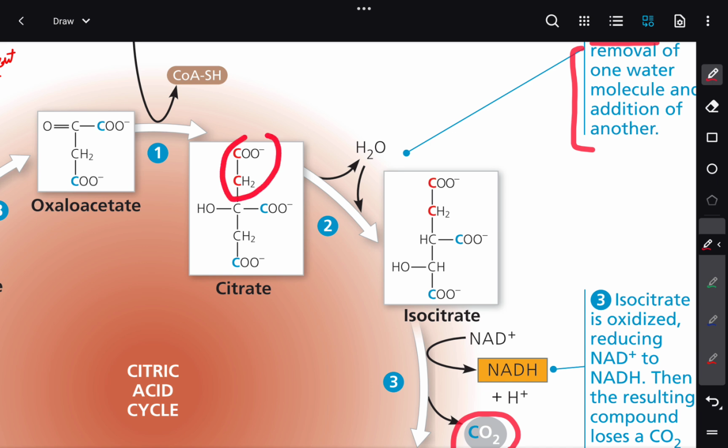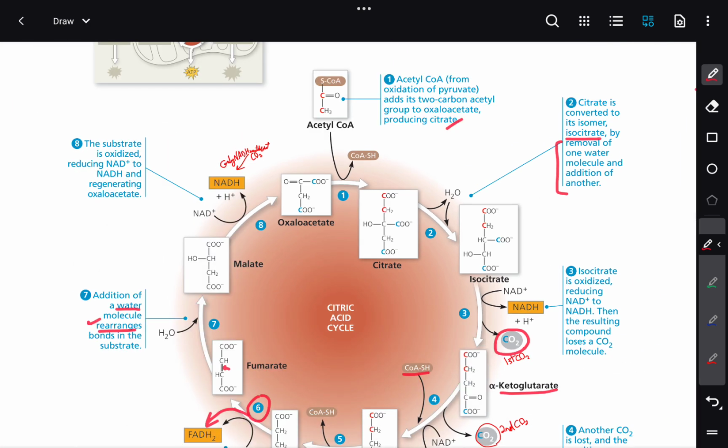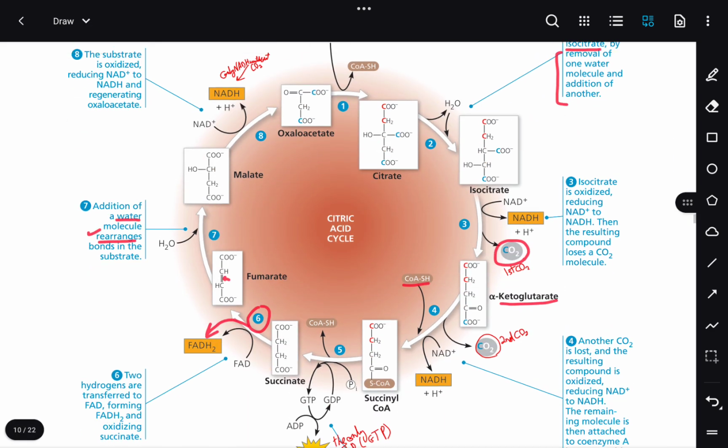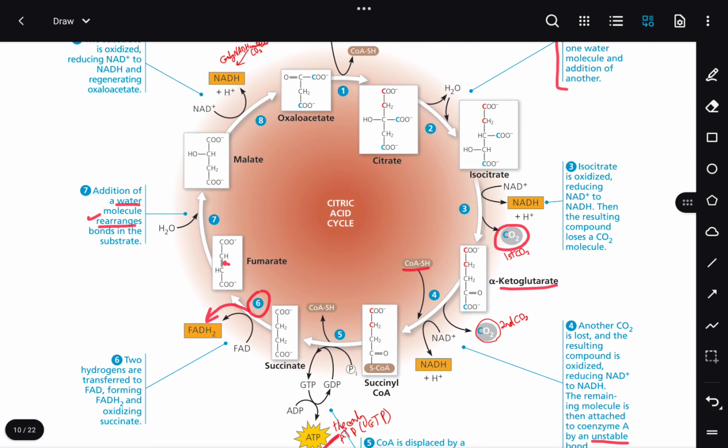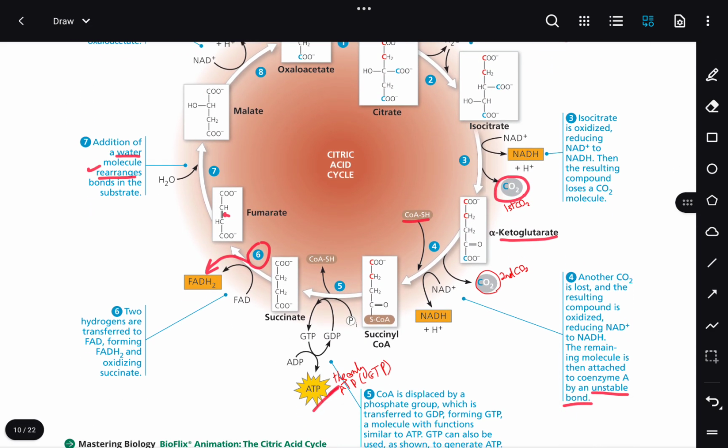They will remain in the cycle. Blue will leave the cycle. All of them can be tracked up to the formation of succinate, as in succinyl coenzyme A.